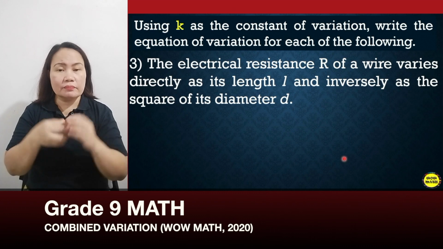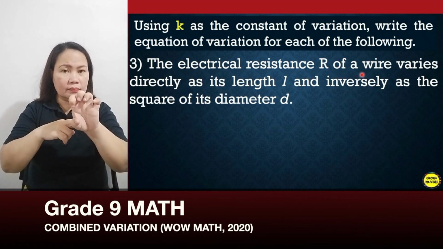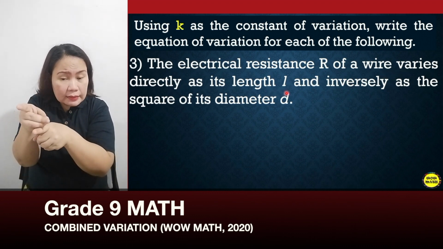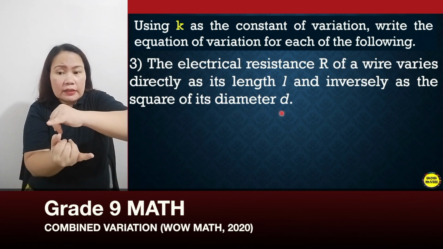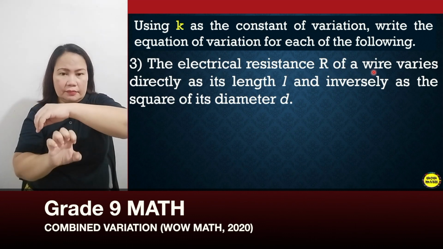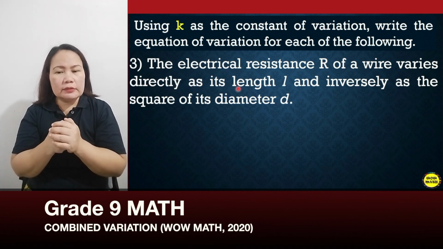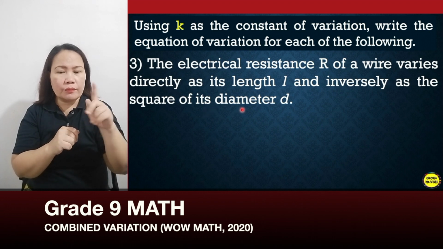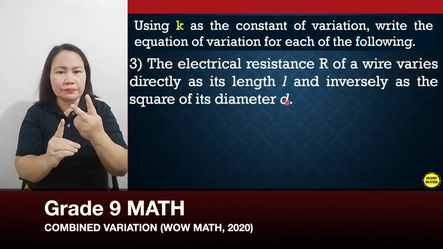For example number 3: the electrical resistance R of a wire varies directly as its length L and inversely as the square of its diameter D. This is the square of its diameter, so this is D squared.